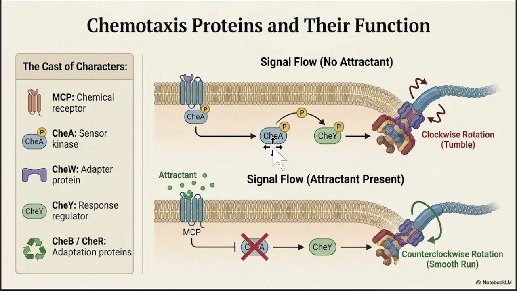Here, in the absence of signal and here, in the presence of signal. In the presence of signal, CheA doesn't activate. That's why CheY is not active and does not bind to the rotor or flagella, and the cell moves toward the attractant, nutrients.